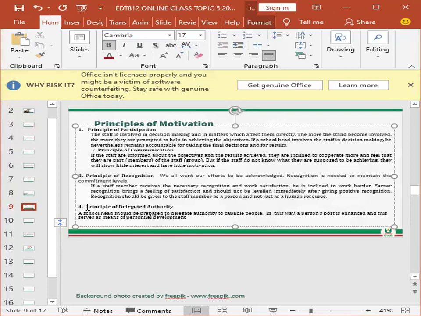So from time to time, he gives authority to delegate. In this way, a person's post is enhanced, and this serves as a means of personnel development.